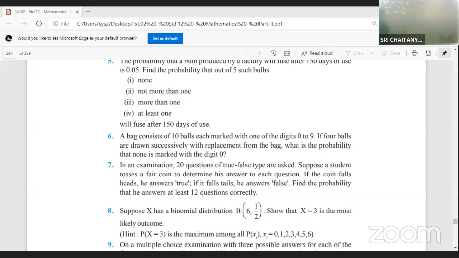He asked you to show P(X = 3) is the most likely outcome, which means first of all you should find out P(X = 0) value also.